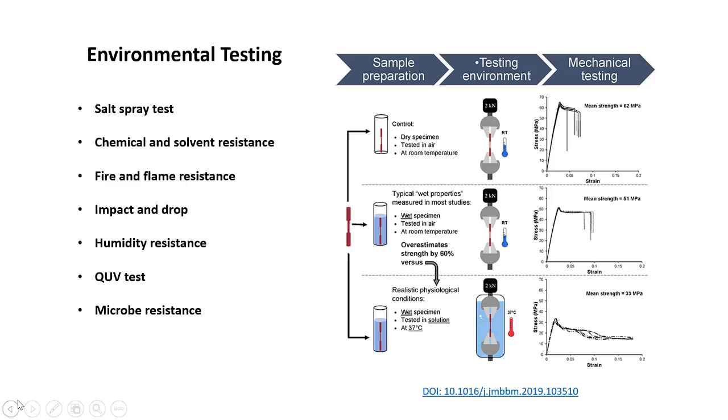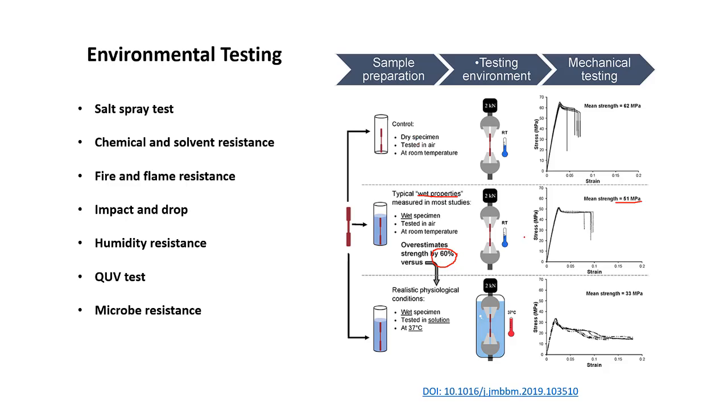But if I wanted to check its wet property, I submerged it into liquid and then tested in air and at room temperature. The strength was about 51 megapascal. So the strength was higher in the dry condition, but in the wet condition the strength decreased.